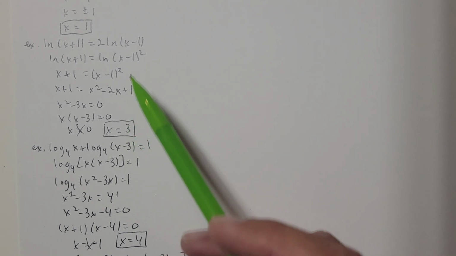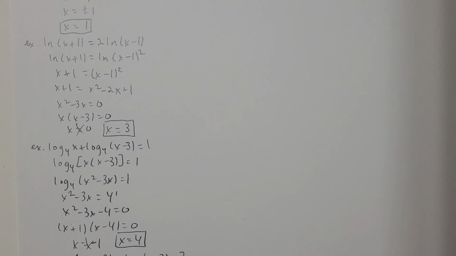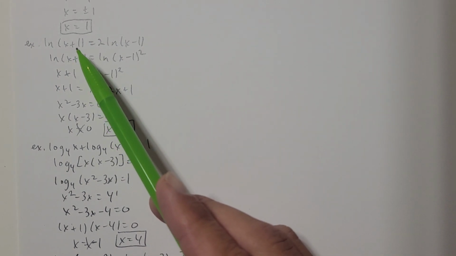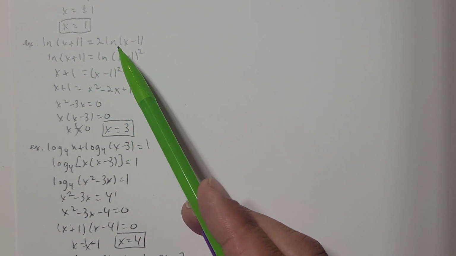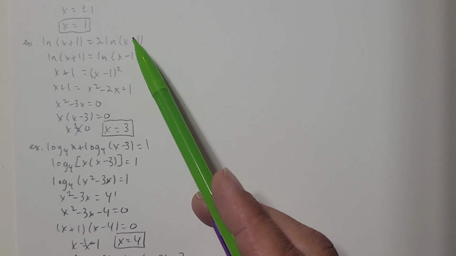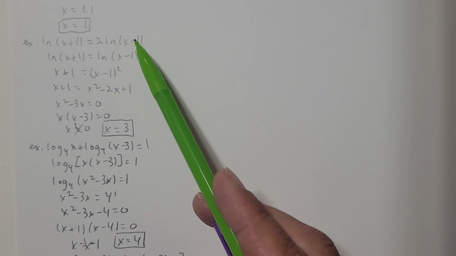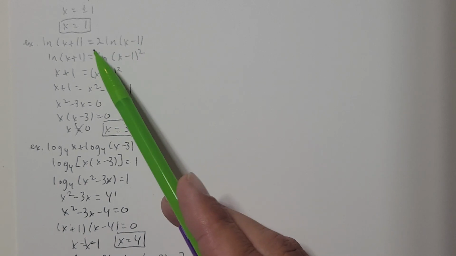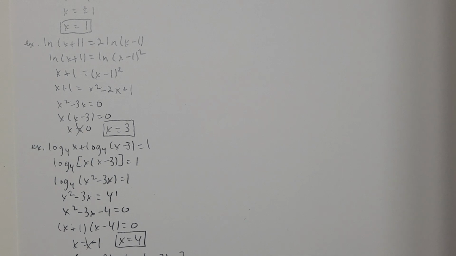Same deal, so I'll plug that number into the original equation to check and see if I get a true statement. When x is 3, you get ln of 4 equals 2 times ln 2. The 2 can come up, and ln 2 squared would be the same as ln 4. ln 4 equals ln 4, that's true. So x equals 3 would be the only answer there.